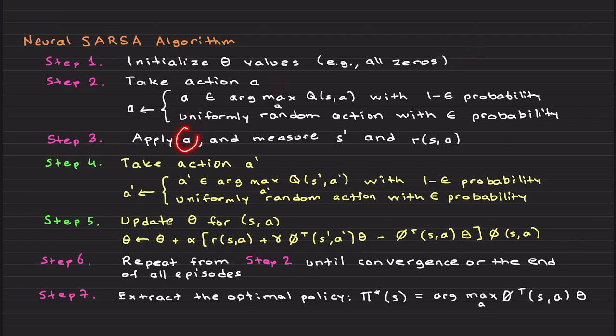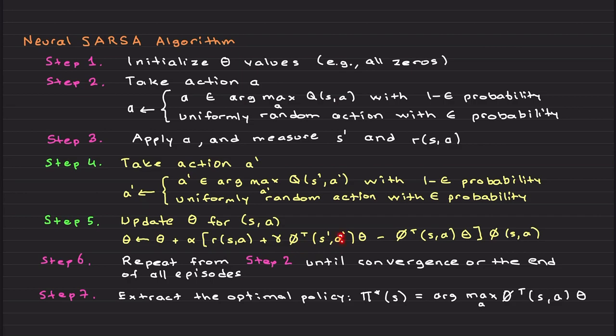We apply that action to the environment, and we get the state and reward. Then, with the S prime we get, we take an action and find A prime. So A prime is, again similar to before, with some probability the optimal A prime, with some probability a random A prime.